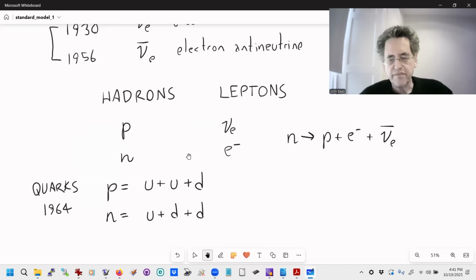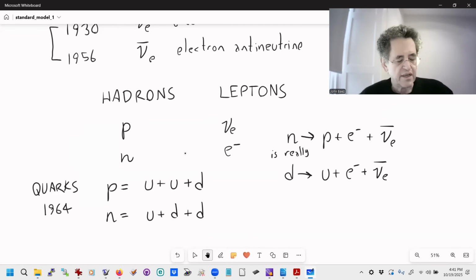That's actually what's really going on there, is simply that one down quark in the neutron is turning into an up quark, which makes it be a proton. So what's really going on is more like a down quark turns into an up quark and an electron and an antineutrino. This is closer to our modern way of thinking about it.